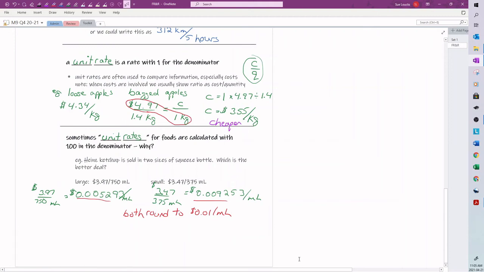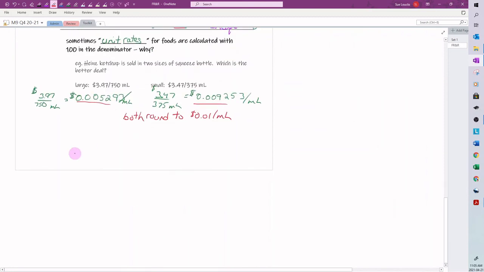But if I look at the price per 100 milliliters, so I'm going to do this one as $3.97 per 750 milliliters, and I change that to a price per 100 milliliters, the cost per 100 milliliters.